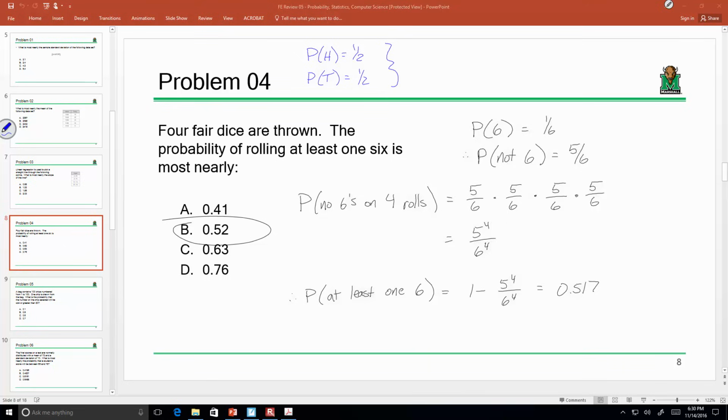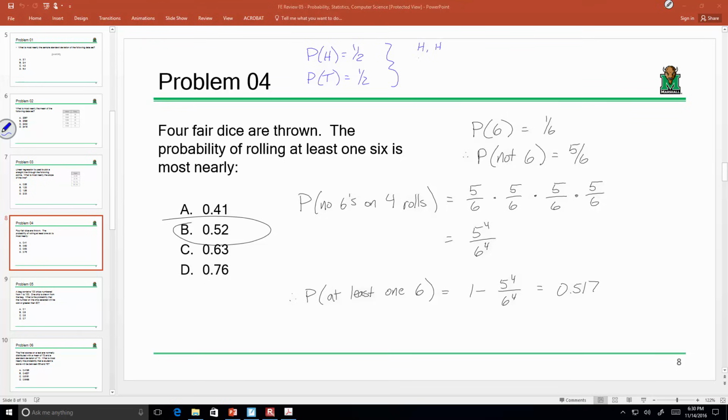Let's just do it like this. If I flip the coin twice, there's 4 potential outcomes, right?